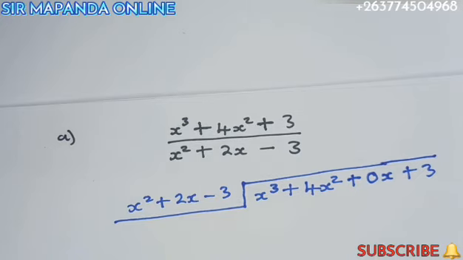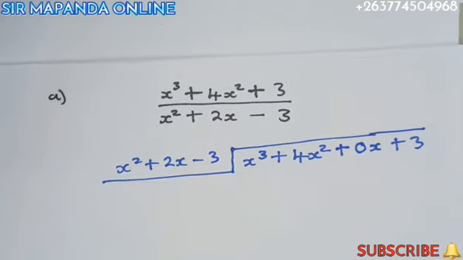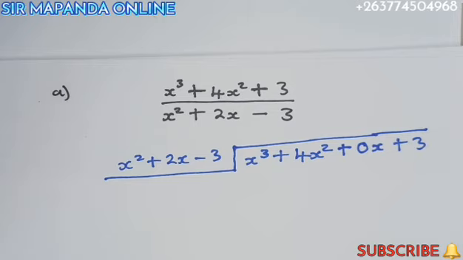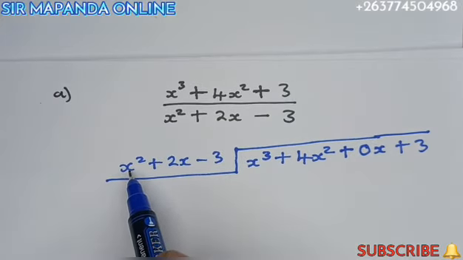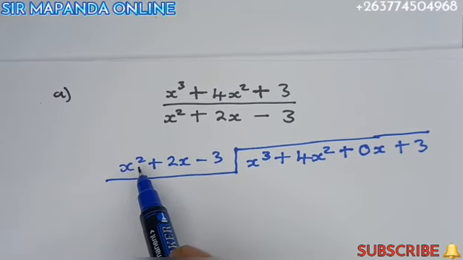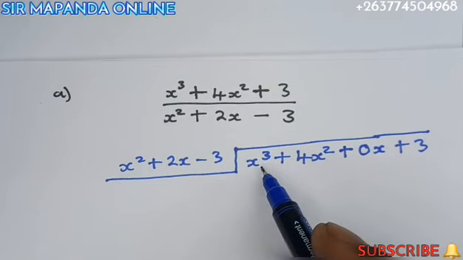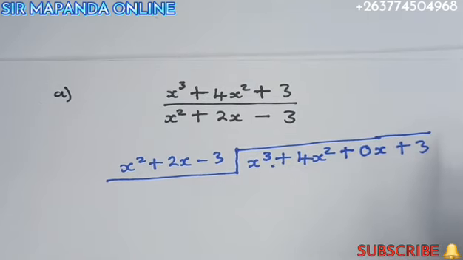From x squared, you move on to a term in x, but there is no term in x. We can represent it as 0x, so that we have a perfect alignment of like terms when carrying out this long division. This first term of the divisor is going to divide the first term of the dividend.